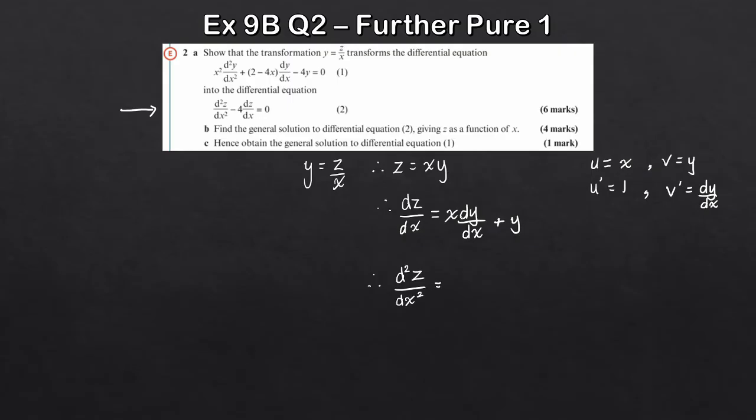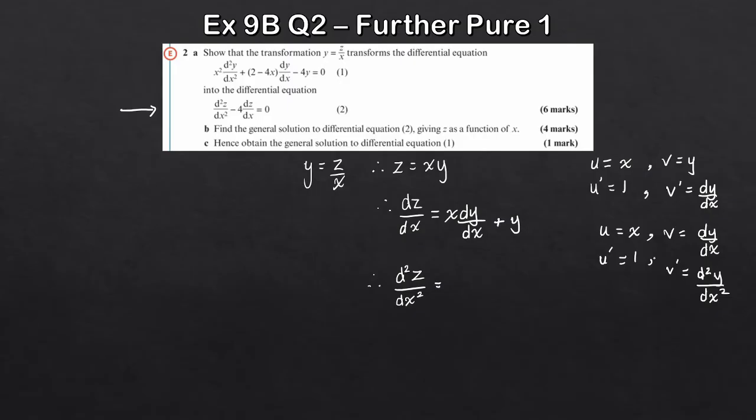So again, I need the product rule because I've got x dy by dx. So u is x, and then v is dy by dx. But I mean, the rule's just kind of the same again. U prime, again, just 1. V prime here, again, it's just a second derivative of this, so d squared y by dx squared.